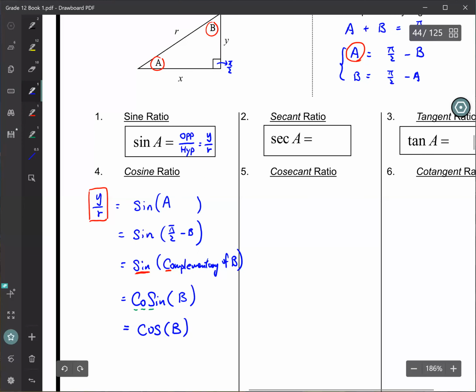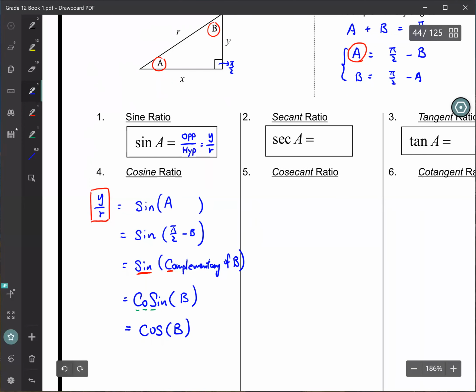You got it. Okay. So y is called which side? Adjacent for B, right? Looking from B. And how about r? Hypotenuse. Okay, so the name changed.